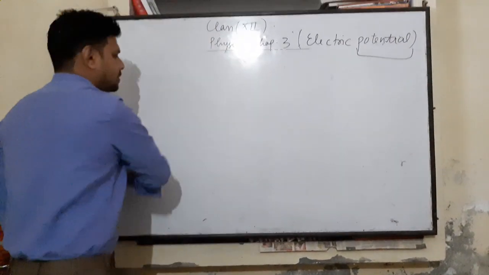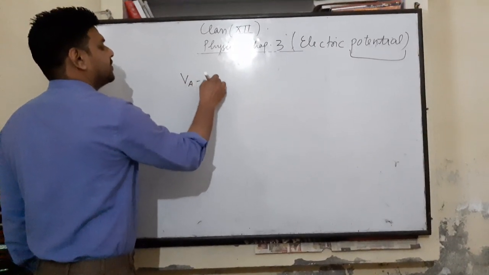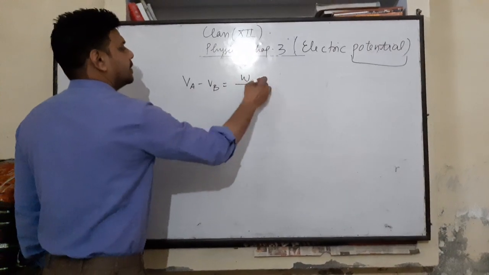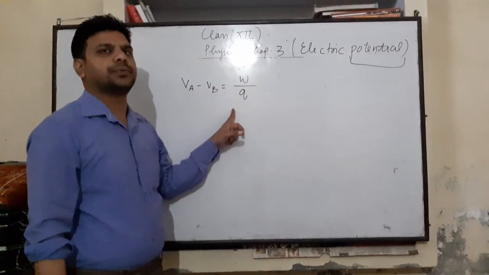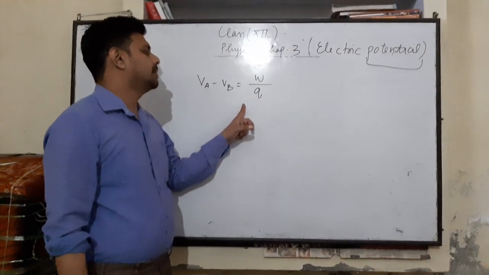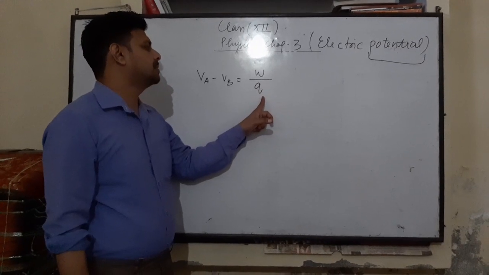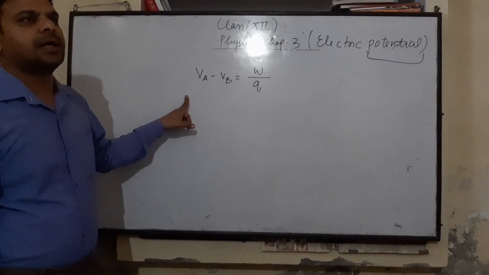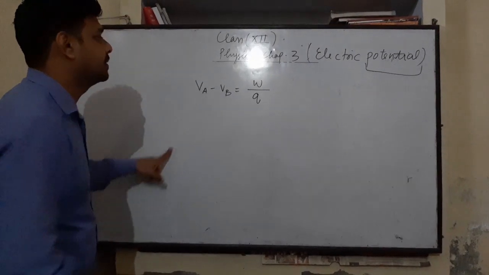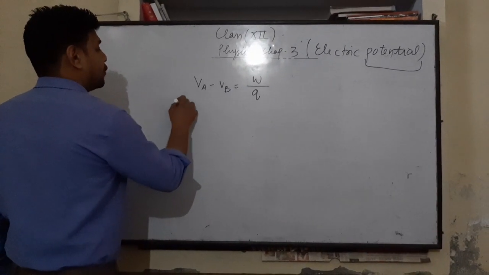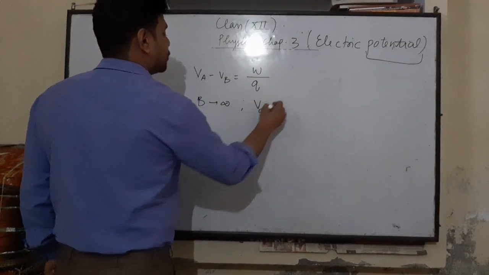So we have seen in this chapter, potential difference is given by VA minus VB is equal to W over q. It is the work done in bringing a unit positive charge from one point to another, opposite to the electric field. If point B is at infinity, then V infinity will be 0.